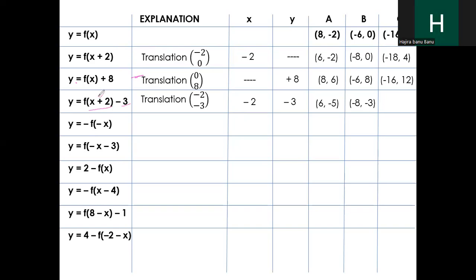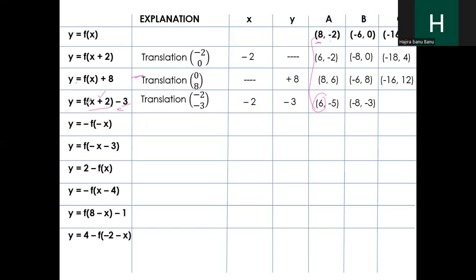There will be a change in x value by minus 2, meaning whatever x value is there, you subtract 2 from it and you get x as 6. And there will be a change in y value also, because minus 3 is outside. So minus 2 minus 3 will be minus 5. For the y value, you don't do anything opposite. That's what I wanted to tell you.